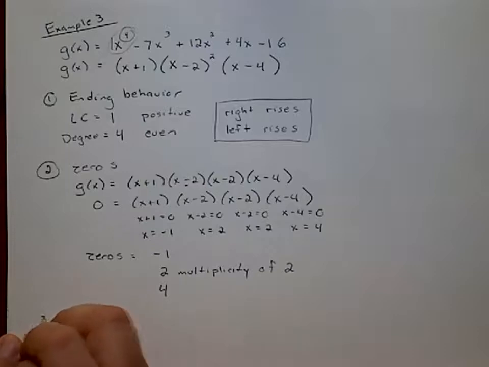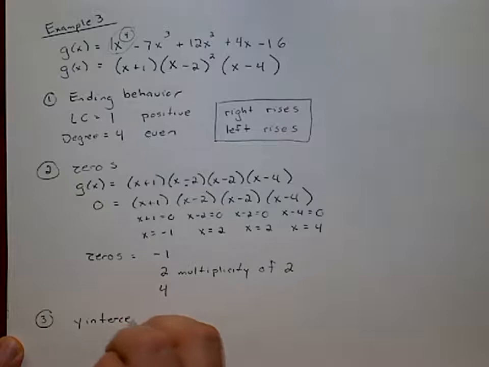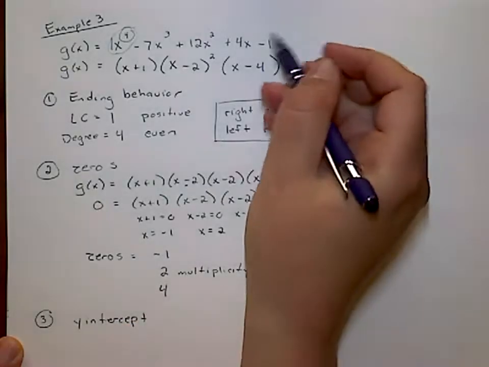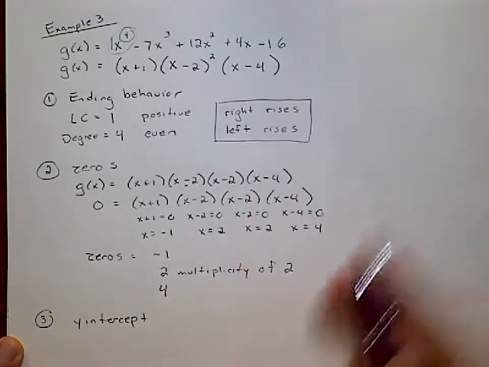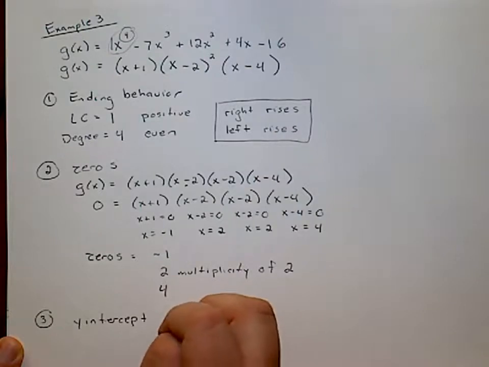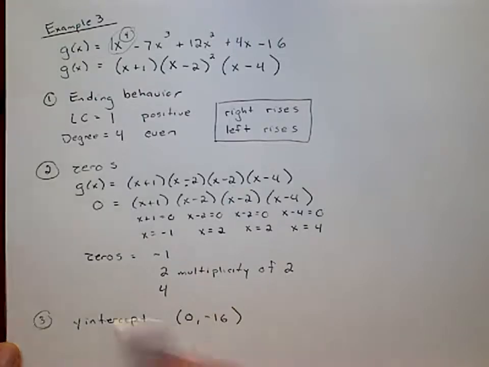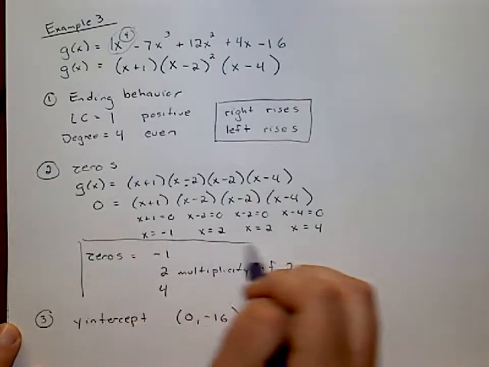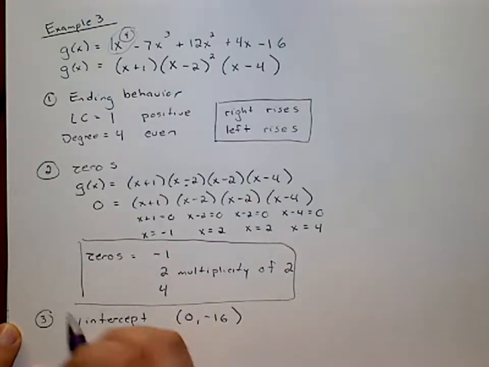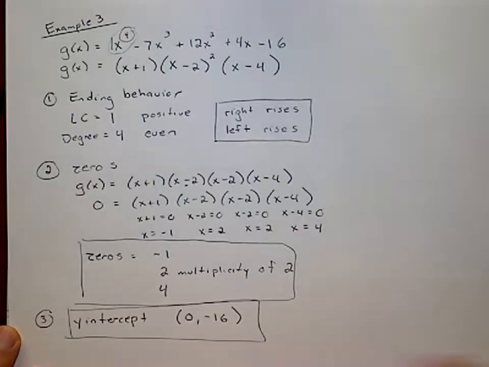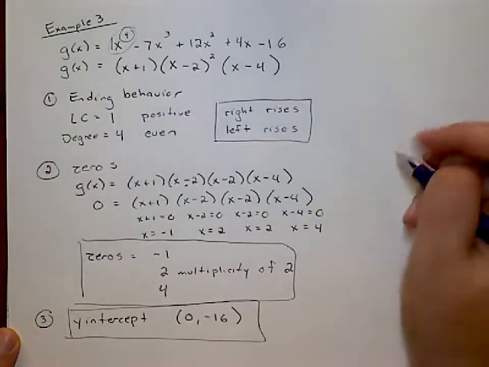Last thing that we have to talk about is we have to find our y-intercept. Our y-intercept is our constant term. So our y-intercept is 0, -16. So we have our ending behavior, we have our zeros, and we have our y-intercept. That is enough for me.